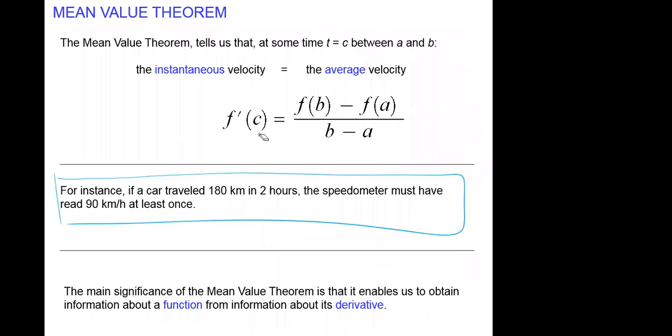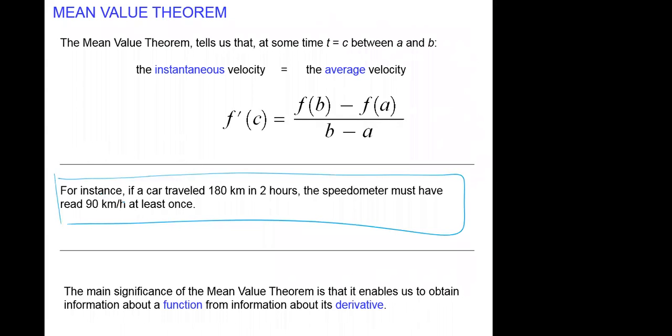Even if my average speed is 50, 60, 70, it doesn't mean I was driving all the time at those values. But the mean value theorem is telling me that at least once I was driving exactly 90. I could drive 91, 92, maybe 87, 85, but at least once I was definitely exactly 90.